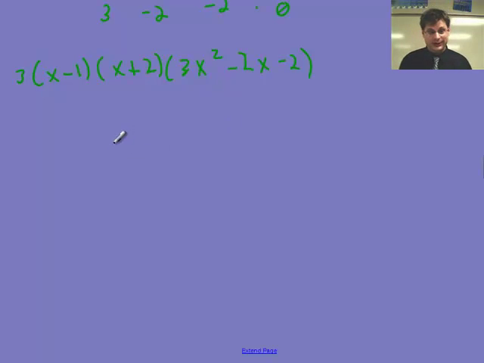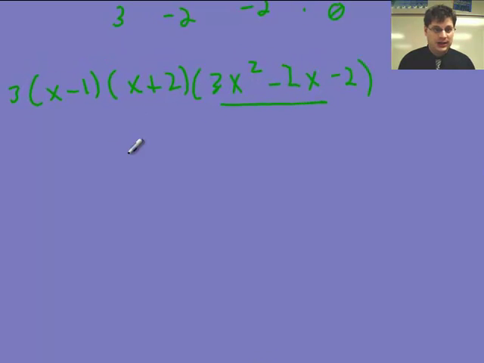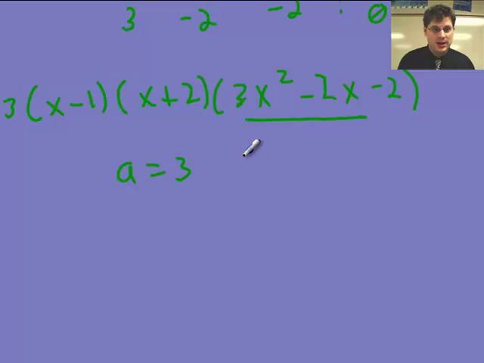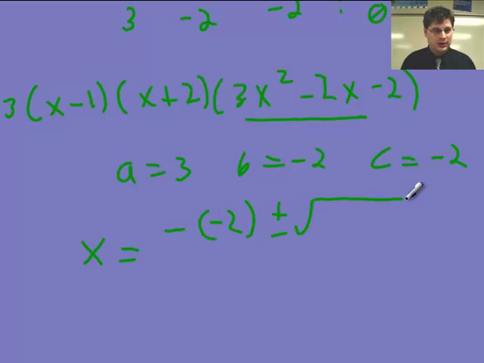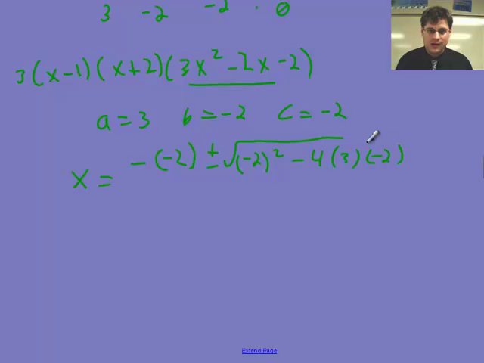Yes. So here we go. I'm going to identify, so we're just doing this guy here. So A is equal to 3, B is equal to -2, and C is equal to -2. So x equals -b plus or minus the square root of b squared minus 4ac all over 2a.